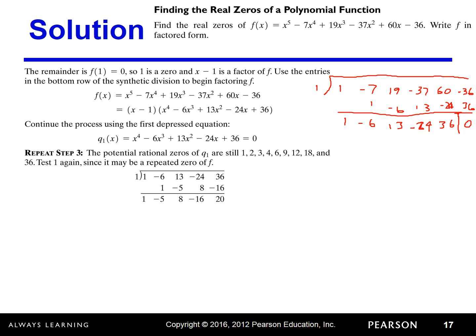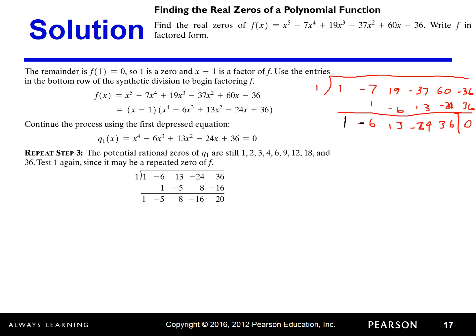And so we know that 1 is a 0, and the depressed polynomial is 1 x to the 4th minus 6 x to the 3rd plus 13 x squared minus 24x plus 36.